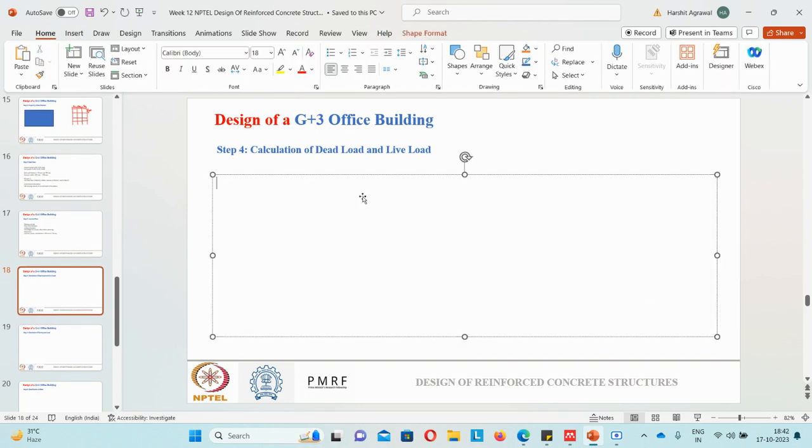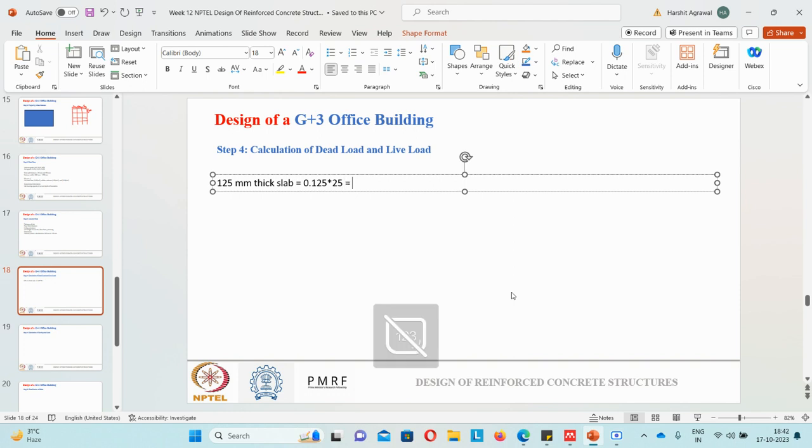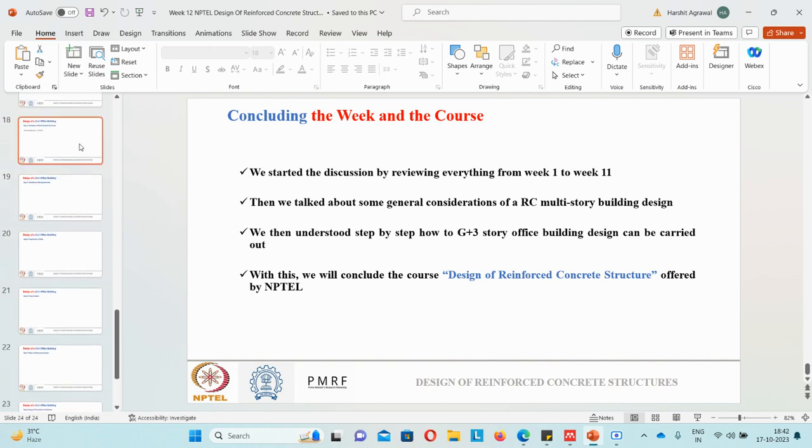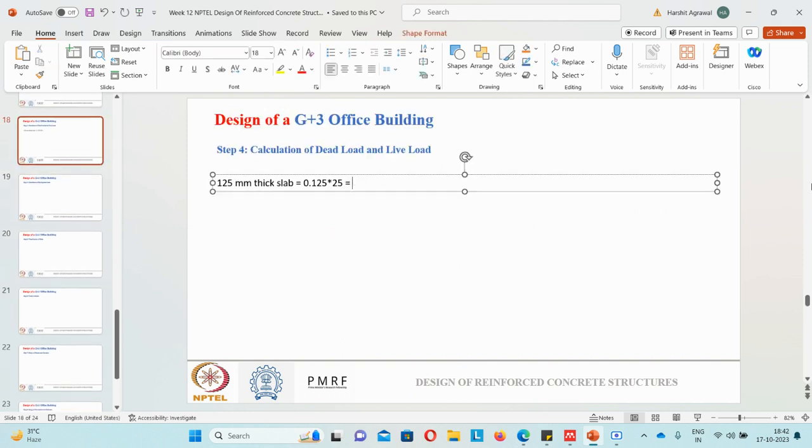Simply, if I'm providing a 125 thick slab, my dead weight of the slab will be nothing but 0.125 times 25, so it will be 3.125 kilonewton per meter square. So this will be my dead load of slab.